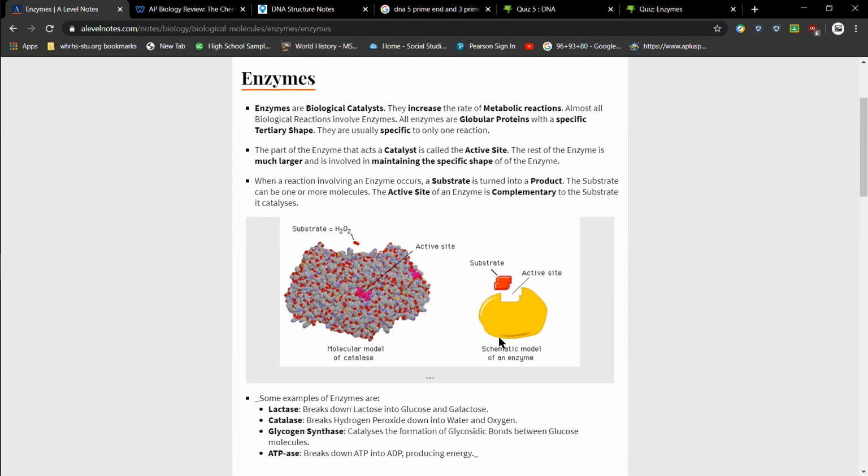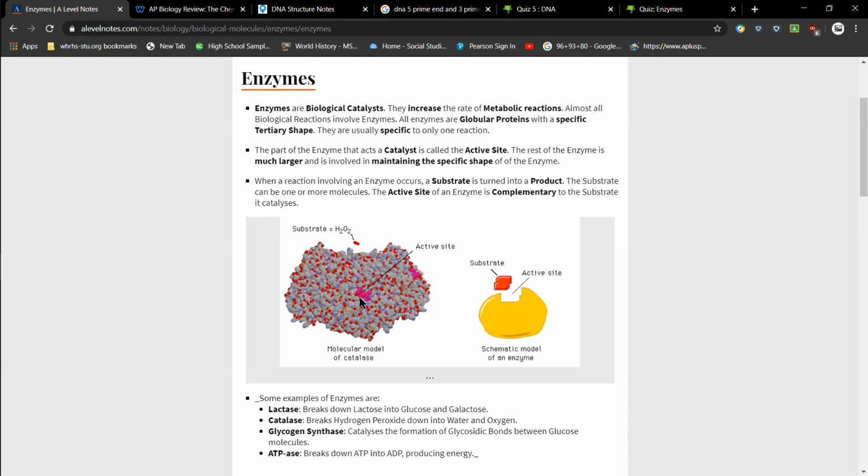We'll talk about how that actually helps, but pretty much the rest of the enzyme is giant and the active site is really tiny. The active site is usually about 20 to maybe 100 amino acids, and the protein can be upwards of 1,000 amino acids. The reason is that the rest of the protein is involved in maintaining the shape of the enzyme.